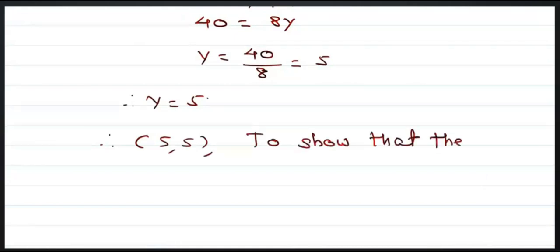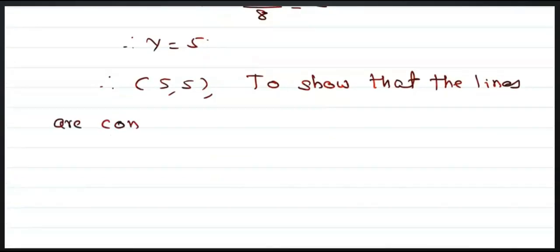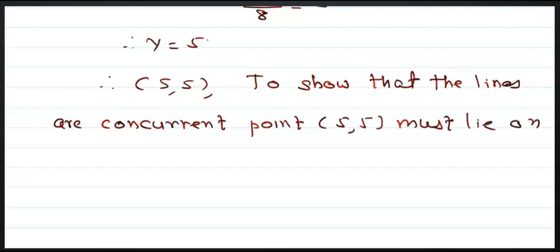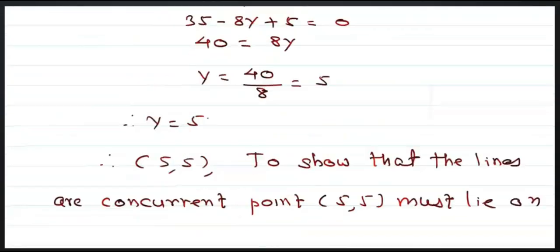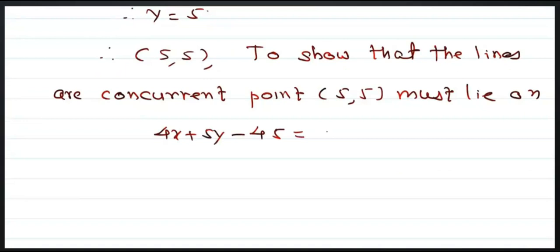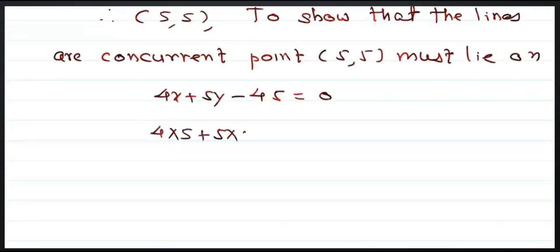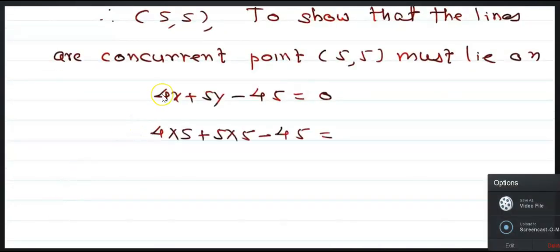To show that the lines are concurrent, the point 5, 5 must be on the third line that we have been given. This is the third line, that is 4x plus 5y minus 45 is equal to 0.